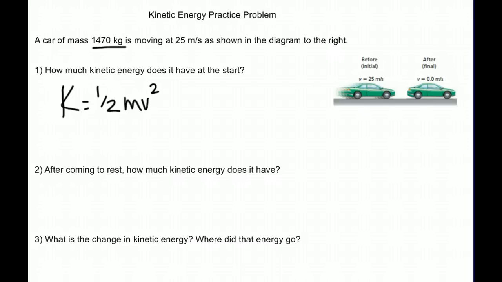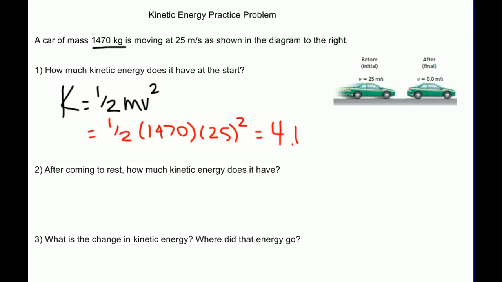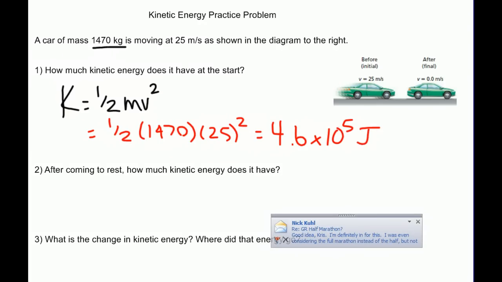Welcome back. If our kinetic energy is 1/2 mv squared, then this is 1/2 times 1470 times 25 squared. The result is approximately 4.6 times 10 to the 5th joules.